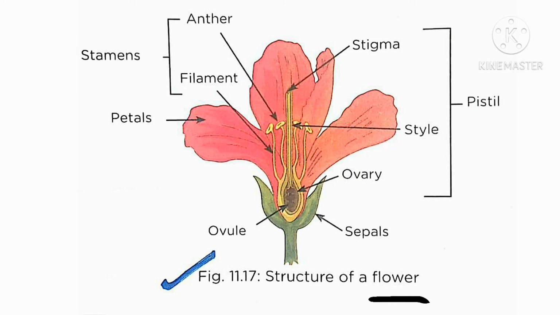So let's talk more about stamen. Stamen has two parts, right, as I have told you. The first part is filament and the second one is anther, right. The filament is a very long line. Let me just show you by zooming in.